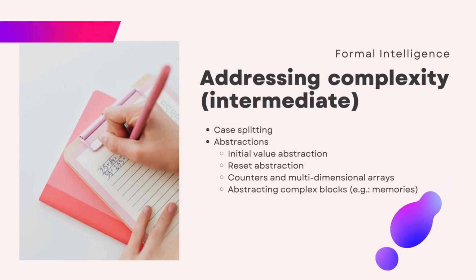Once you have done all that and you still see complexity issues, it's time to do some intermediate complexity reduction techniques. One of them is case splitting. If you have a property which can be decomposed or split into different cases, then we can do that. We'll discuss that more later.